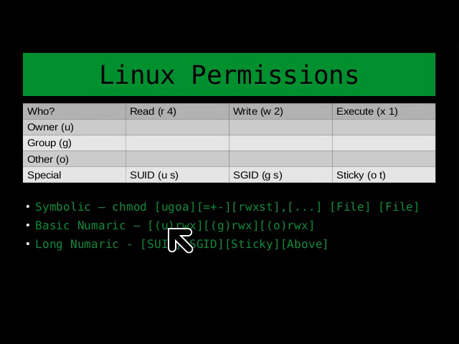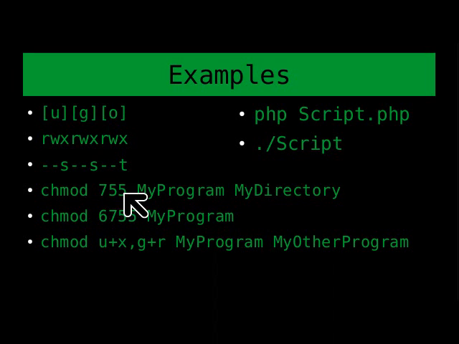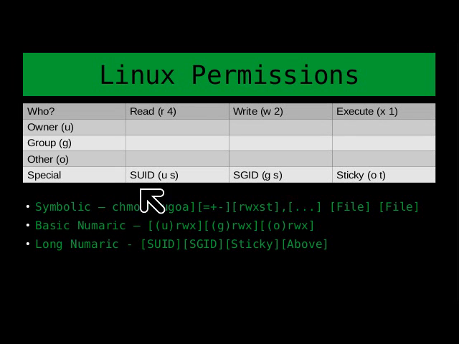We first calculate our user, and then we calculate our group digit, and then we calculate our other. Those are the three digits that we see over here. So this is the owner, this is the group, and this is everyone else.